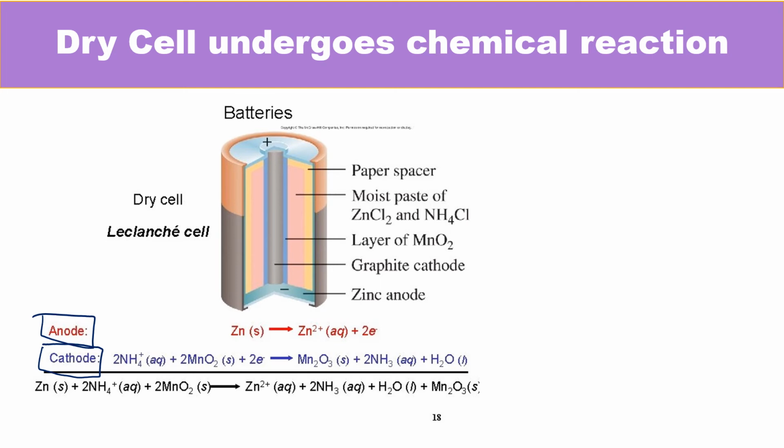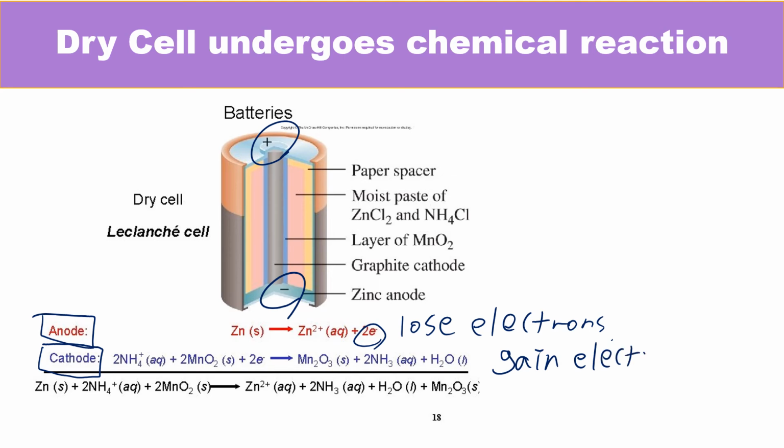That is what I like to call a terminal, positive and negative. Now, one thing that you need to know is the anode side loses electrons. The cathode side gains electrons. You don't need to know which end is which.